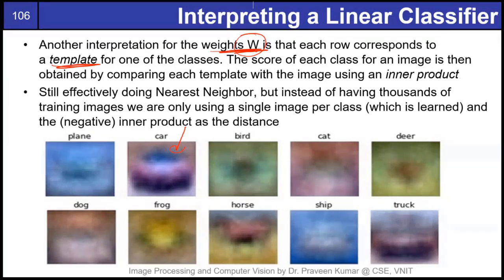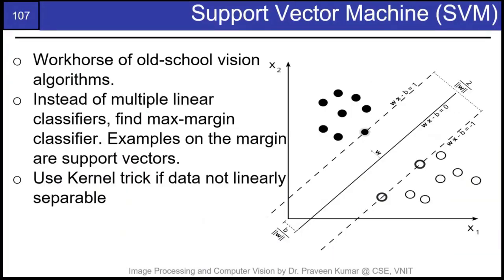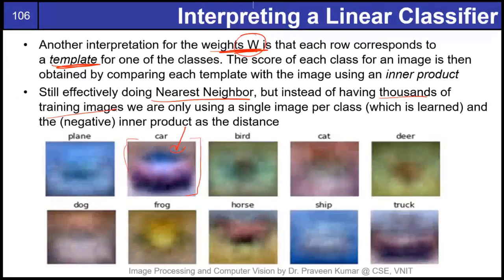So this linear classifier is effectively doing a kind of nearest neighbor classification, but instead of comparing with thousands of training images, you are comparing with just one template image and finding the distance from this template. It's kind of like an average of all the training images. Yes, you can say it is trying to learn some kind of pattern in that particular class.